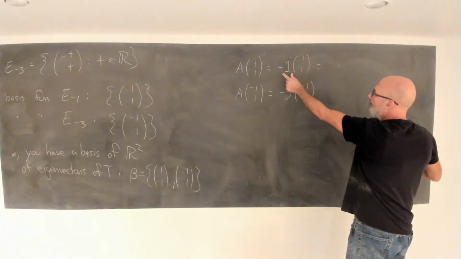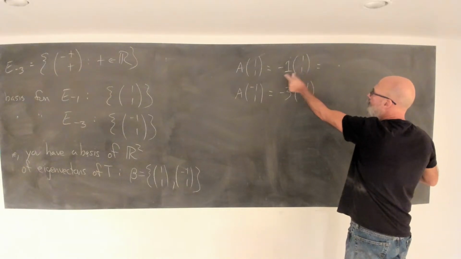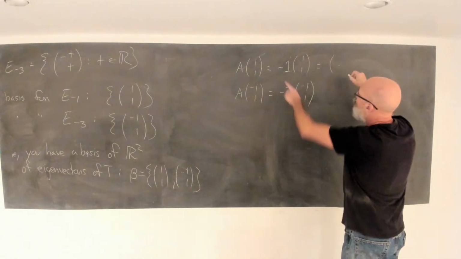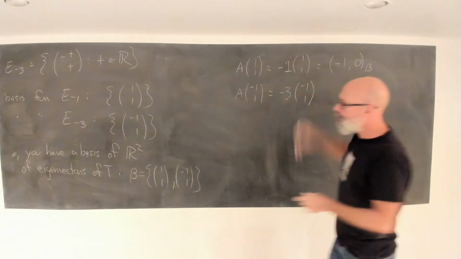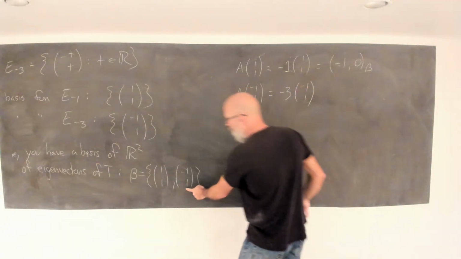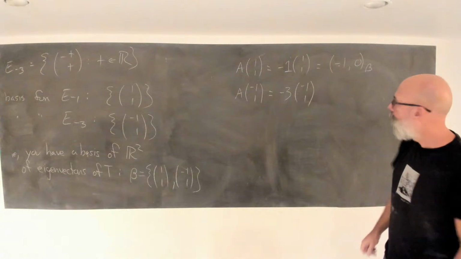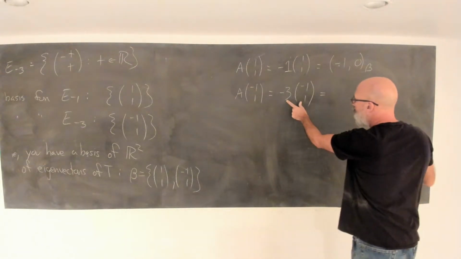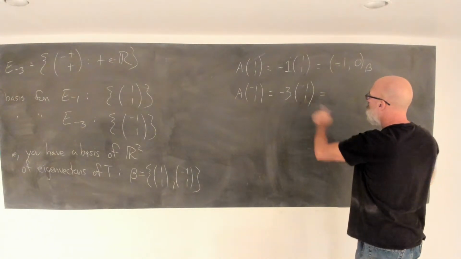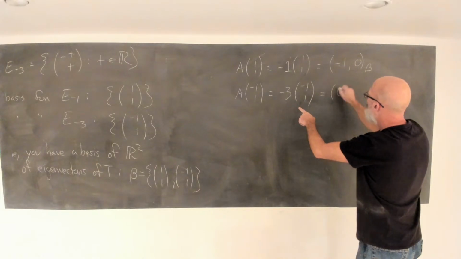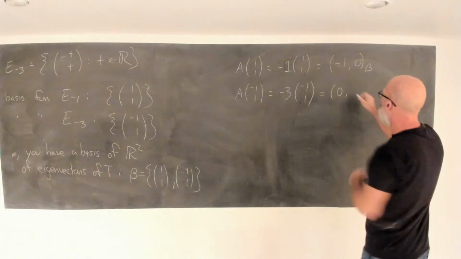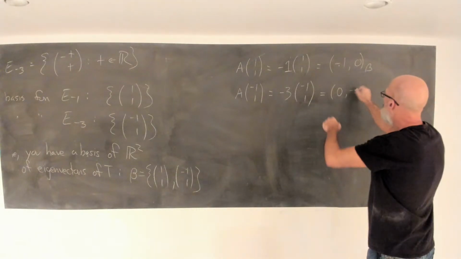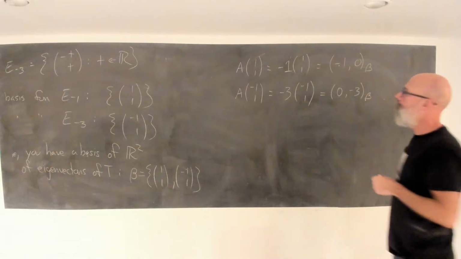But this minus 1 times this vector is the vector minus 1, 0 in the basis B. It's minus 1 times the first one plus 0 times the second. And this is 0 times the first plus minus 3 times the second.